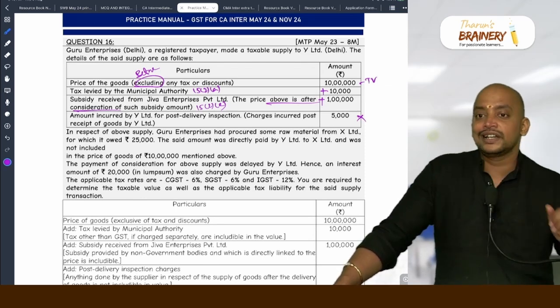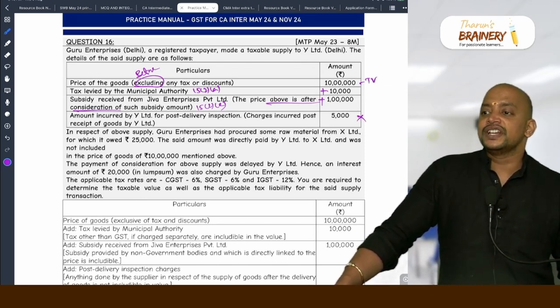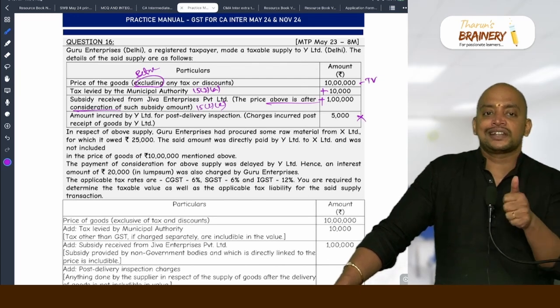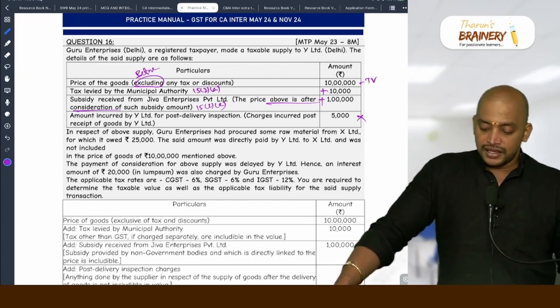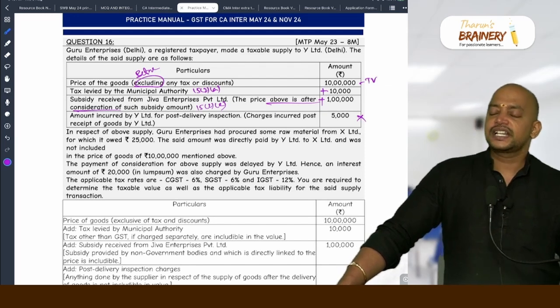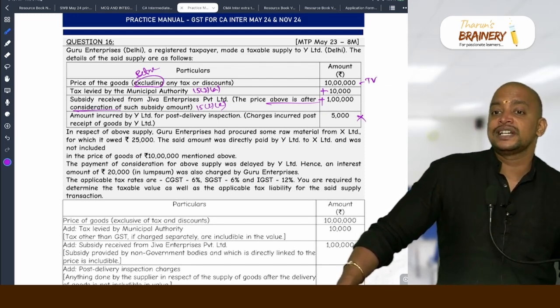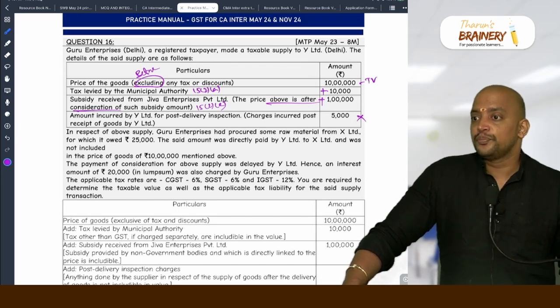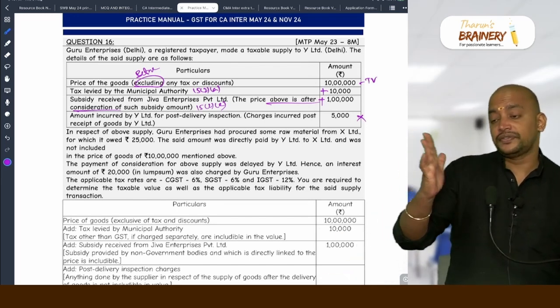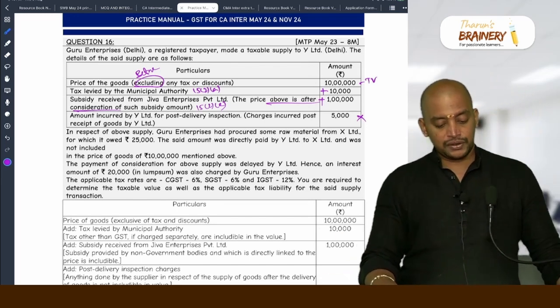This is not incidental. Pre-delivery or post-delivery inspection. How inspection will be incidental? Even without inspecting, the product is ready, correct or not? Therefore, it is other expenses. Other expenses will be included in the value only when it is charged or incurred before or at the time of delivery. So here it will not be included.